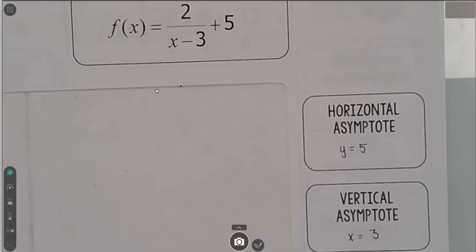Team 3, you guys close? All right, everyone got it? Great job. Here's the answer.